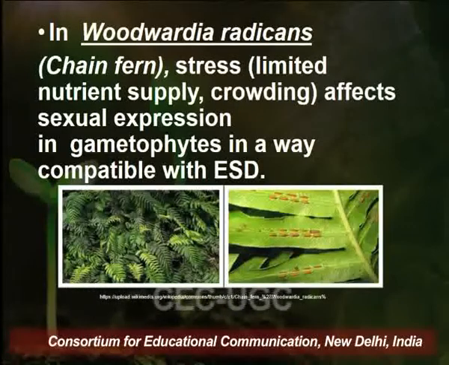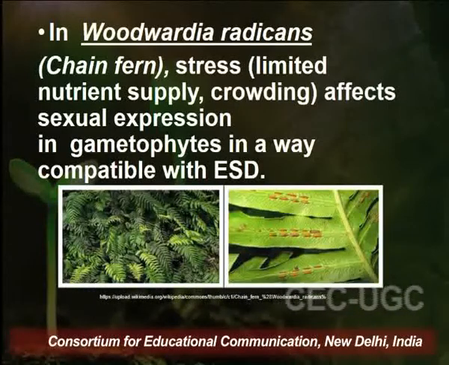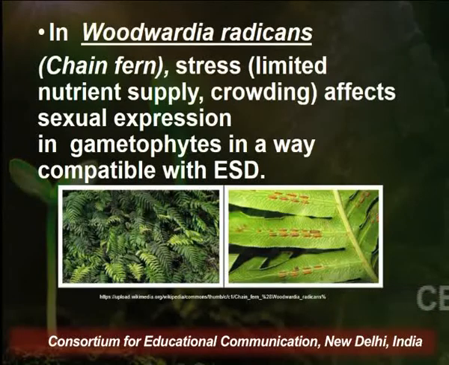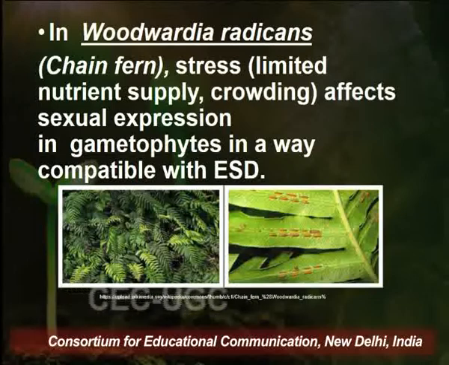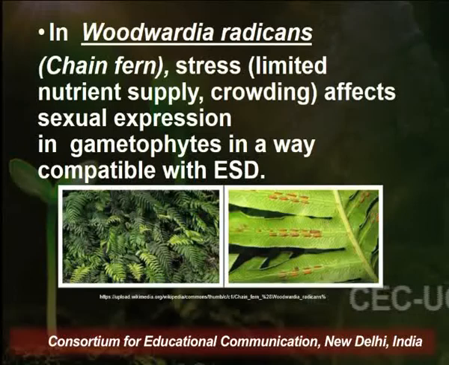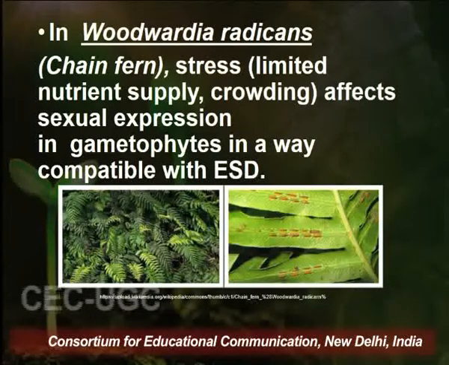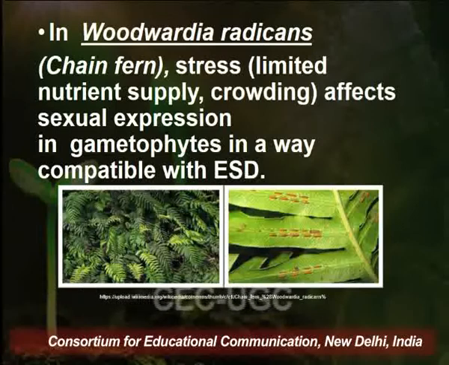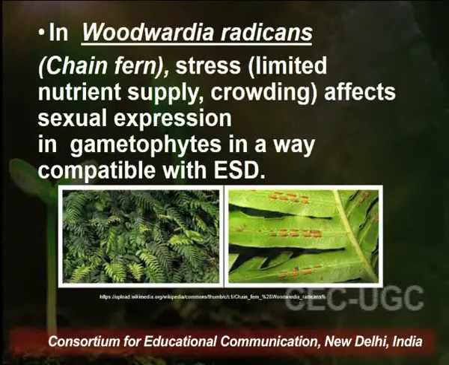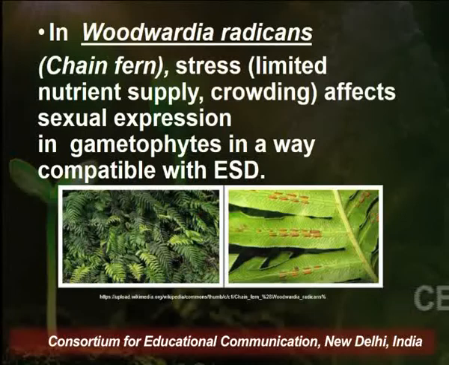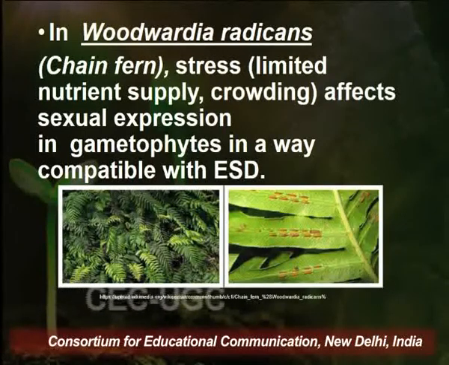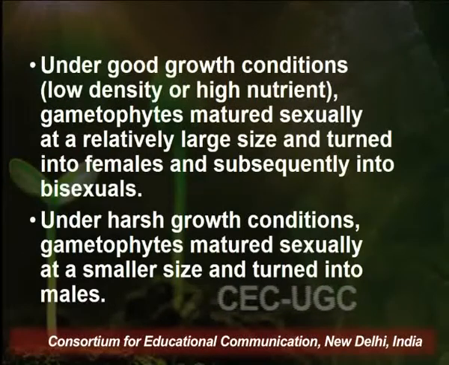Another example on your screens is the fern called chain fern, Woodwardia radicans. In this case, we find that if there is a nutrient supply limitation and crowding, which again amounts to a stress, it is going to affect sexual reproduction in such a way that it would give rise to male plants, and the females only when the conditions are good.